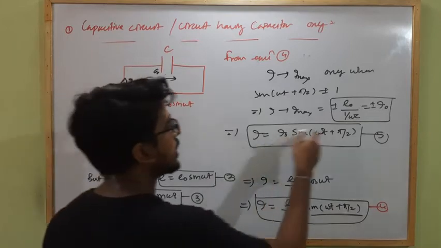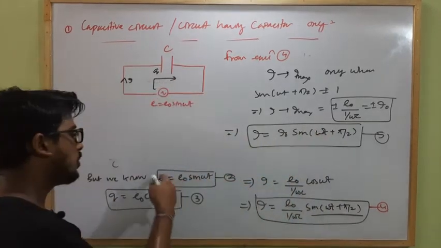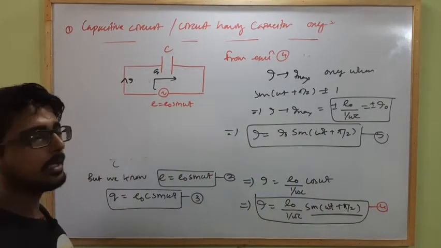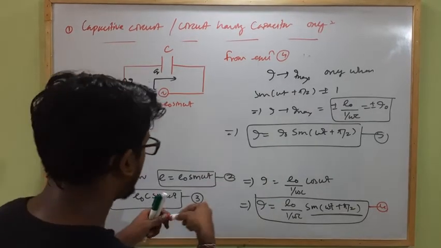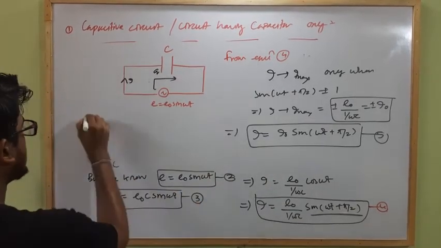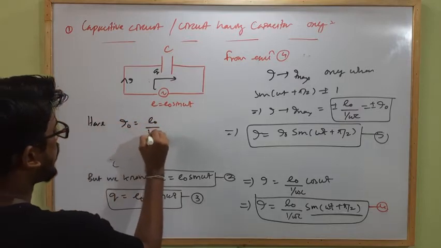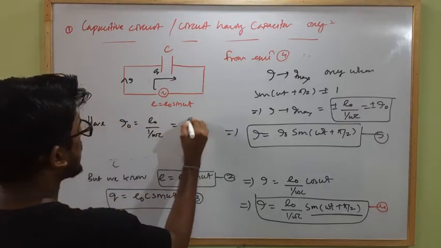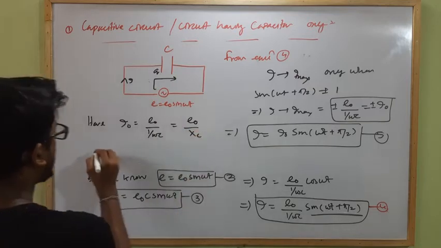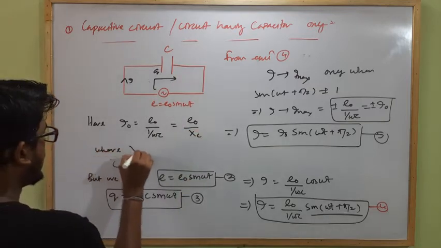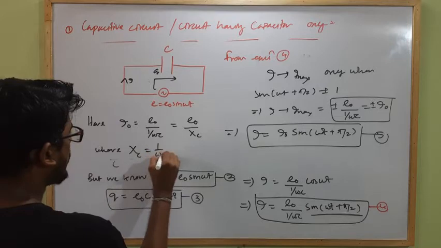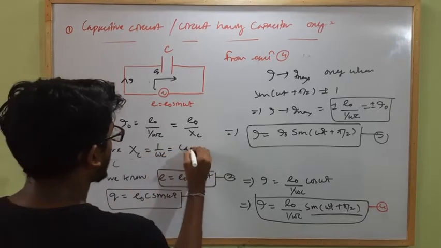And I naught is equal to E naught divided by 1 by omega C, or E naught by Xc, where Xc equal to 1 by omega C is known as capacitive reactance.